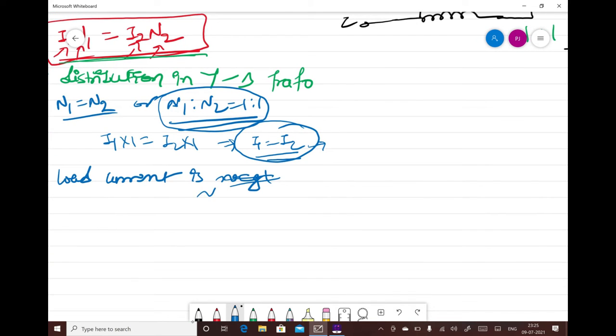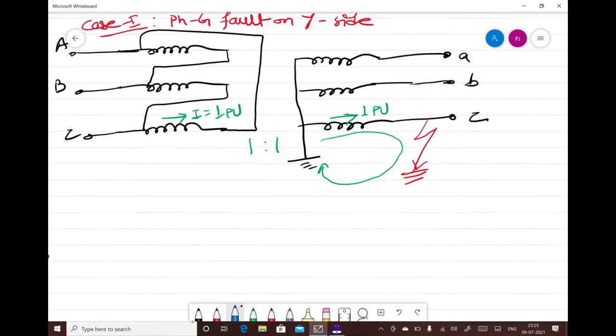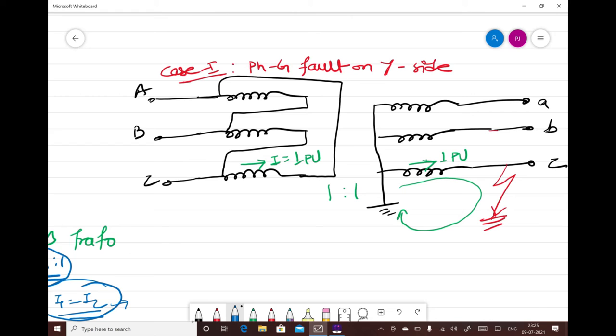Now, what this makes is that if load current is 0 or close to 0, that means the current in this winding is 0. If current in this winding is 0, then the ampere turns, that is 0 into 1, is 0. So the corresponding value here is also 0 and this is also 0.